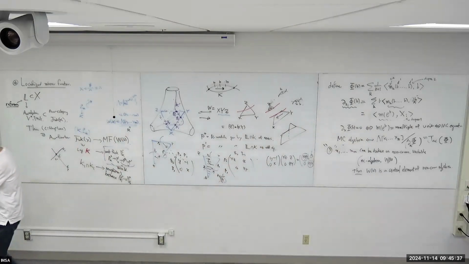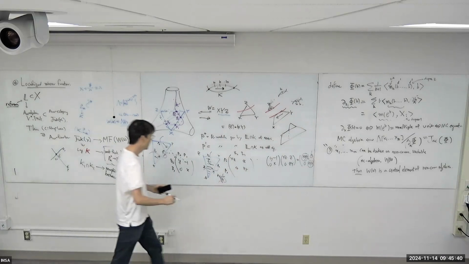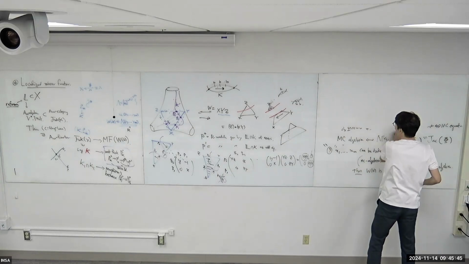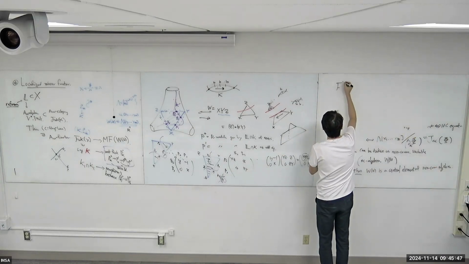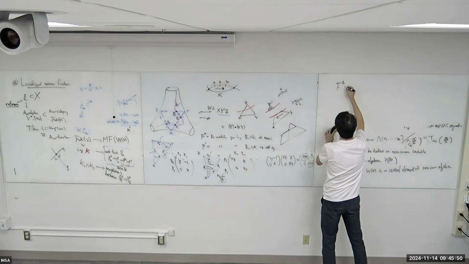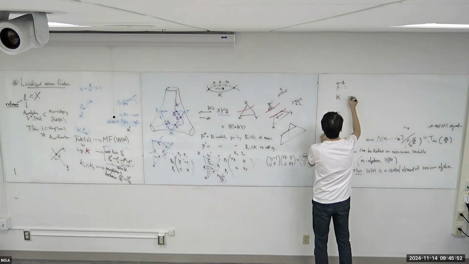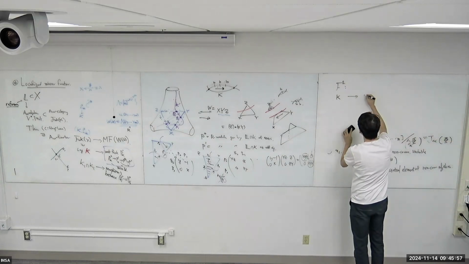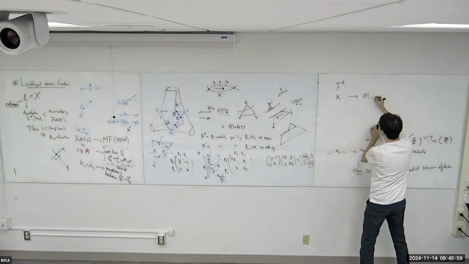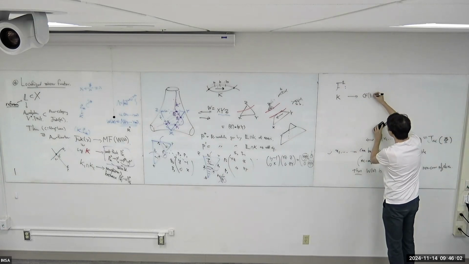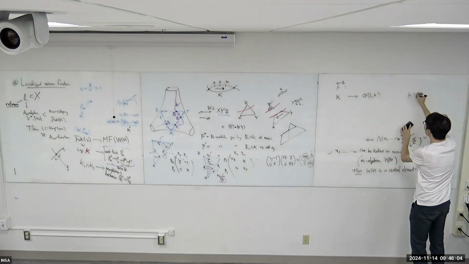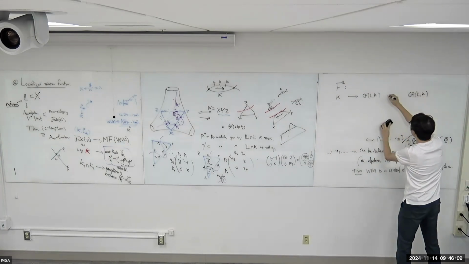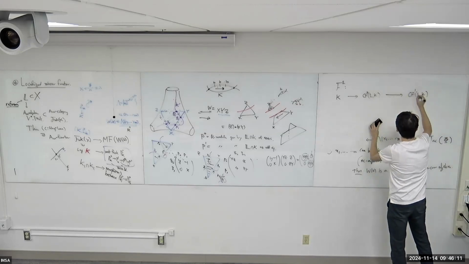And if you write this down algebraically, this functor FL sends K to the Floer complex of L and K, let's say even, odd.